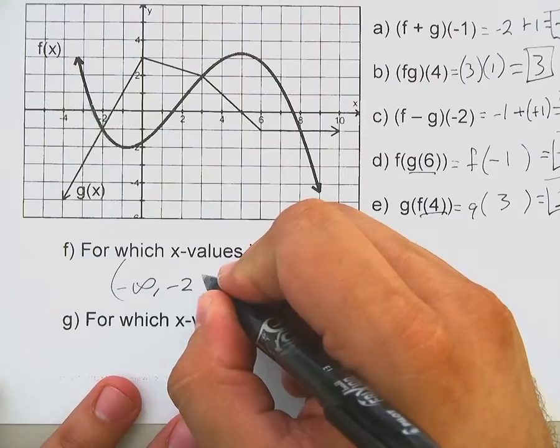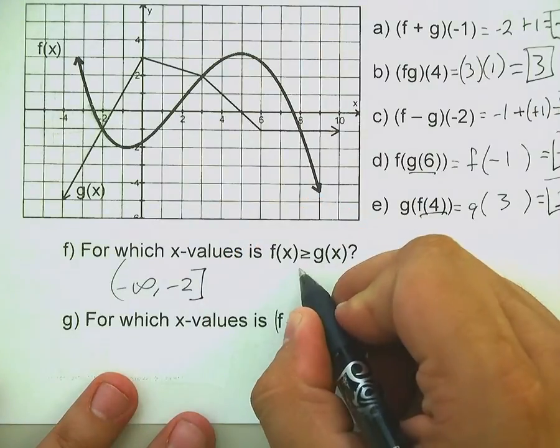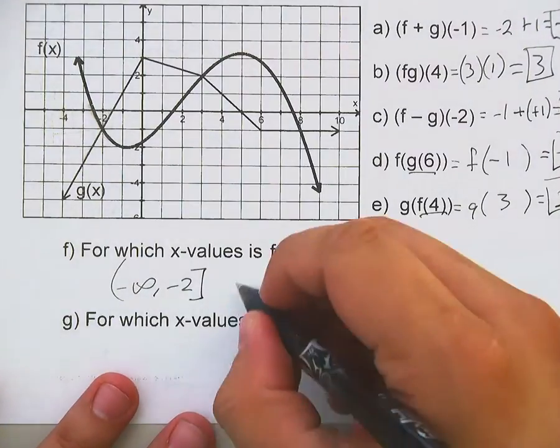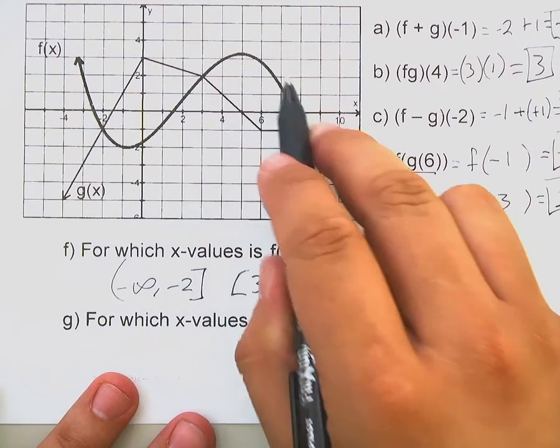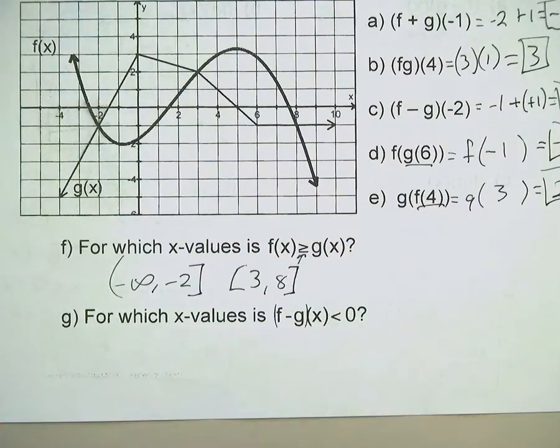Now, it can't touch negative infinity, but it does touch negative 2 because of this equal to sign right here. And then from 3 right here, it starts on top again to 8, touching both of them.